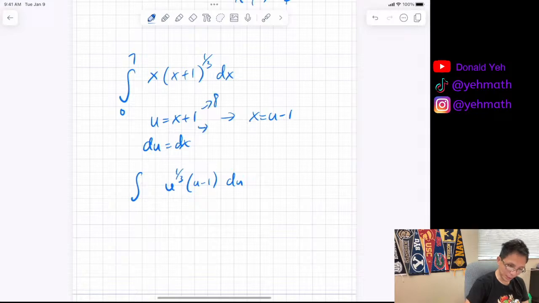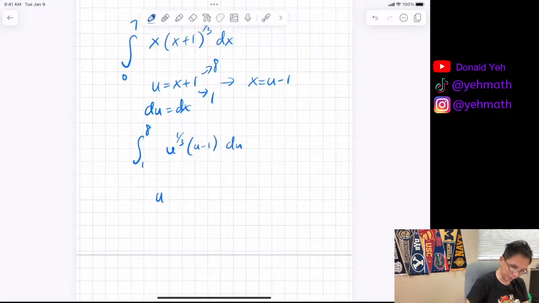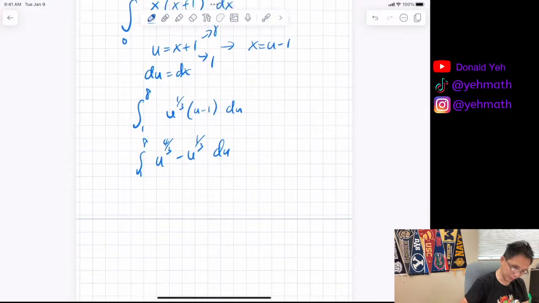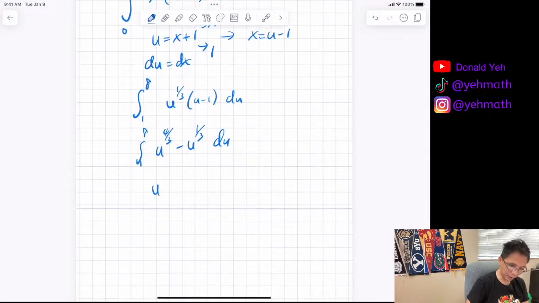So that's going to be 8 and 1. So u to the 4/3 minus u to the 1/3 du from 1 to 8. So u to the 7/3 over 7/3 minus u to the 4/3 over 4/3, between 8 and 1.